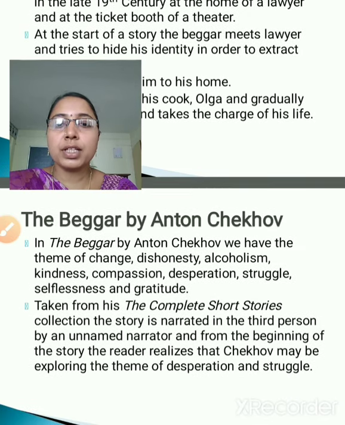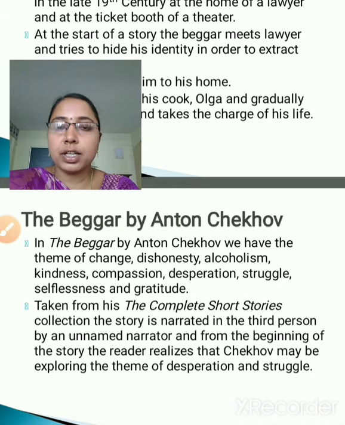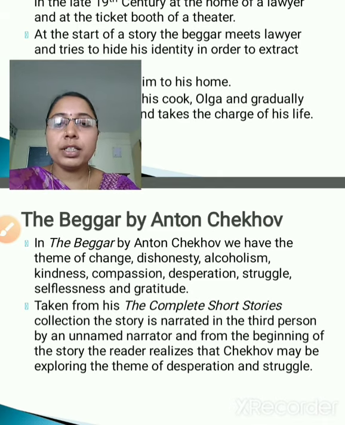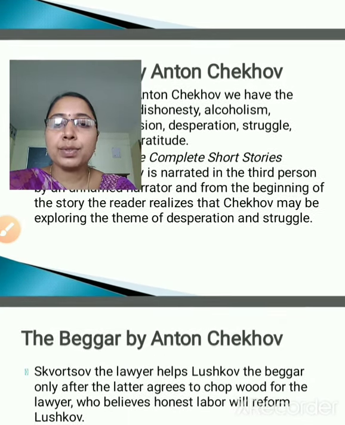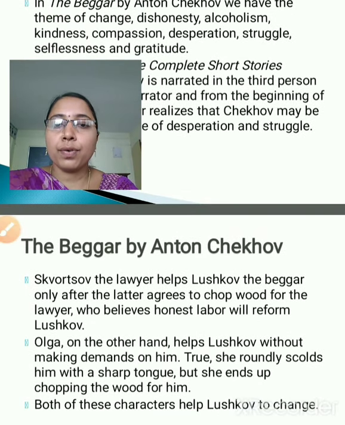The story is taken from his collection, The Complete Short Stories, and the story is narrated in third person narration, as we have already discussed. The narrator is unnamed, and from the beginning of the story, the reader realizes that Chekhov may be exploring the theme of desperation and struggle. First of all, Skorstov is the name of that lawyer, and he helps Lashkov. Lashkov is the name of the beggar.